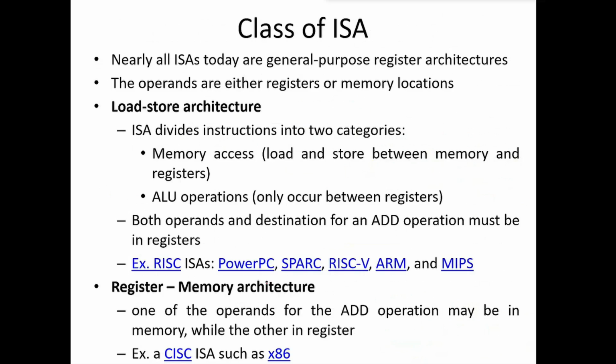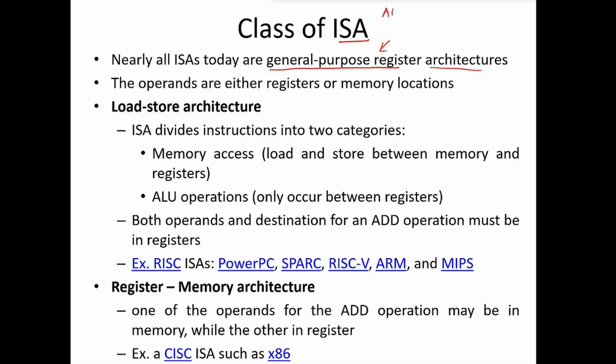So first, we will go for classes of instruction set architectures. Generally, they go into 2 categories. And nowadays, the general purpose register architectures, which means, as I told you, most of the operations will involve the registers.